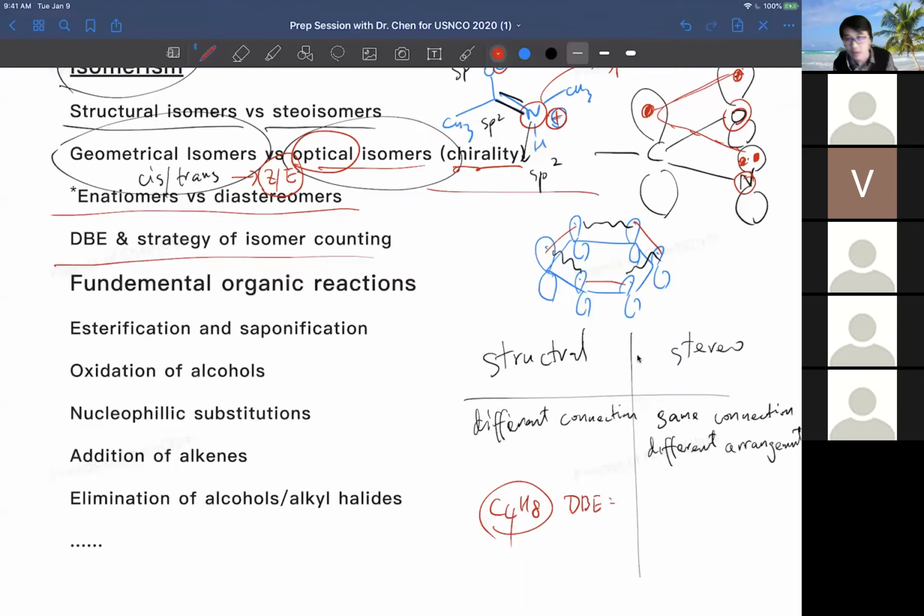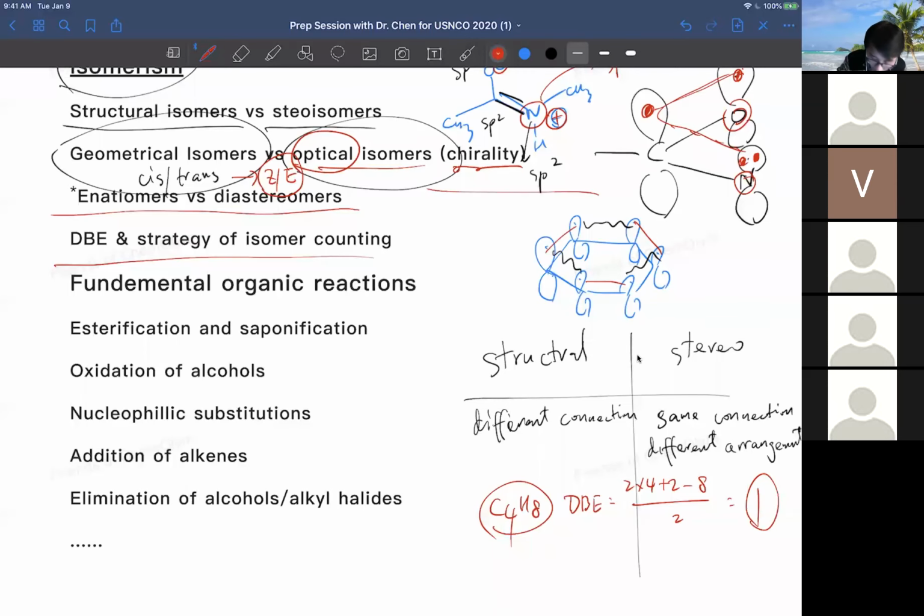What a DBE is called double bond equivalence. So basically, we want to calculate, if you don't know how to calculate DBE, or you can say it's called the unsaturation degree or units of unsaturation, any way you like, okay? So basically, if you don't know what is DBE, do some homework later, okay?